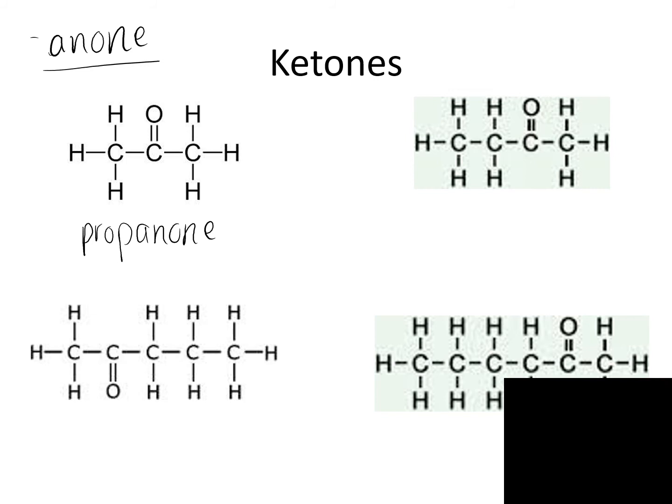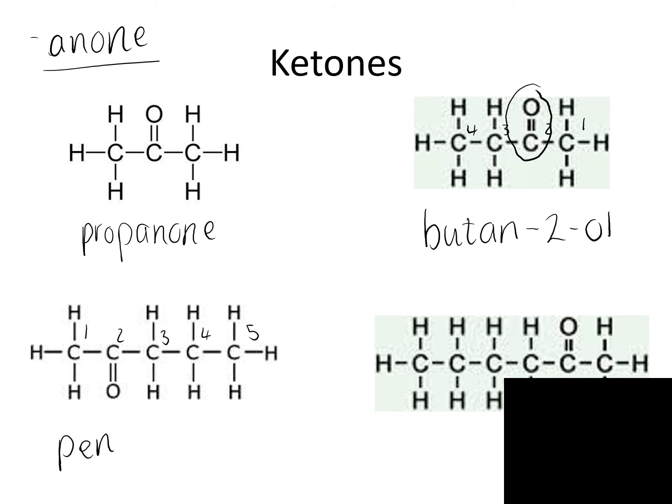Here we've got 4 carbons, so it's going to be butan-2-one, because we count 1, 2, 3, 4, and I have my functional group on carbon 2. Here we've got 1, 2, 3, 4, 5, so it's going to be pentan-2-one.